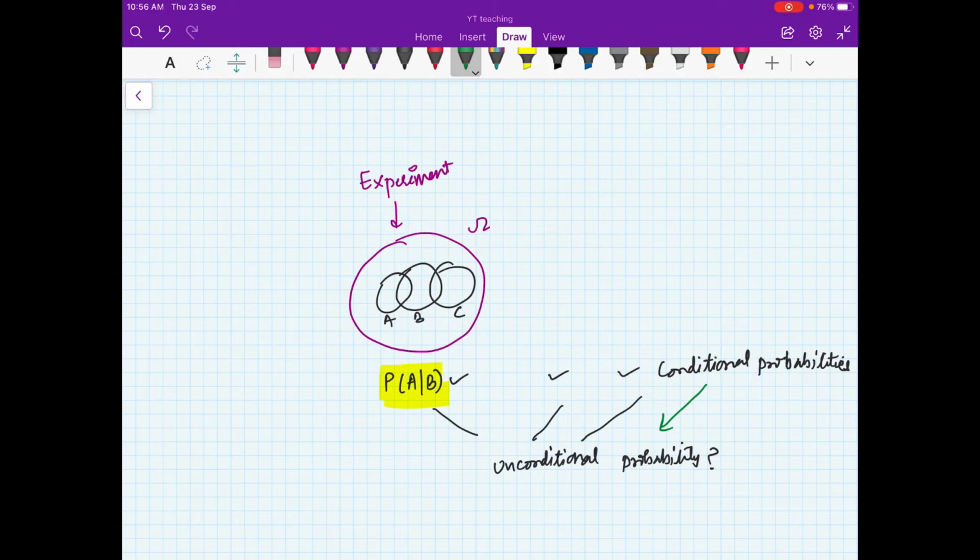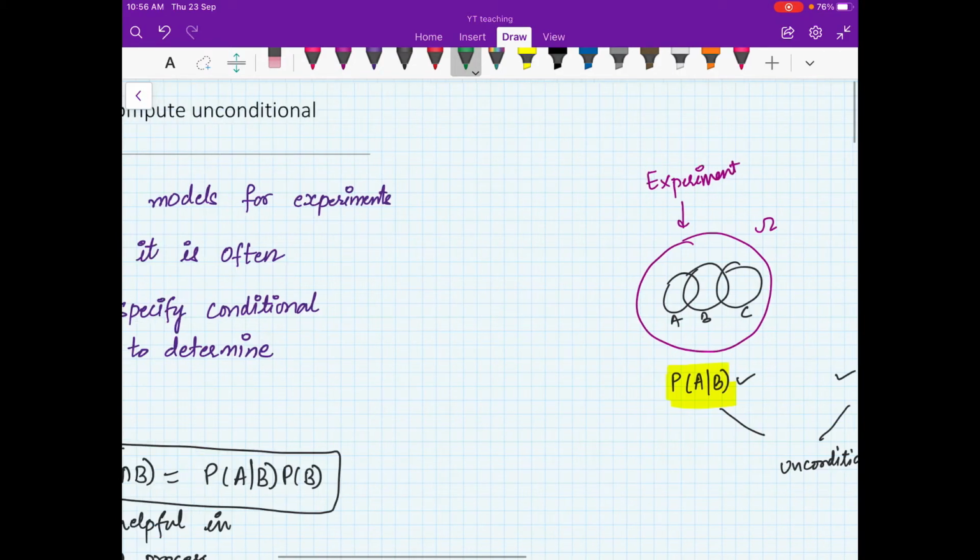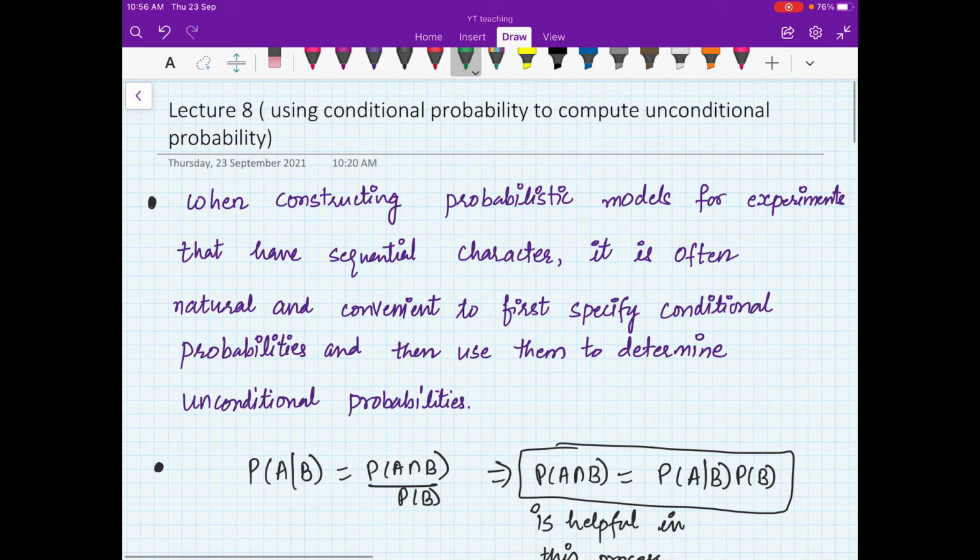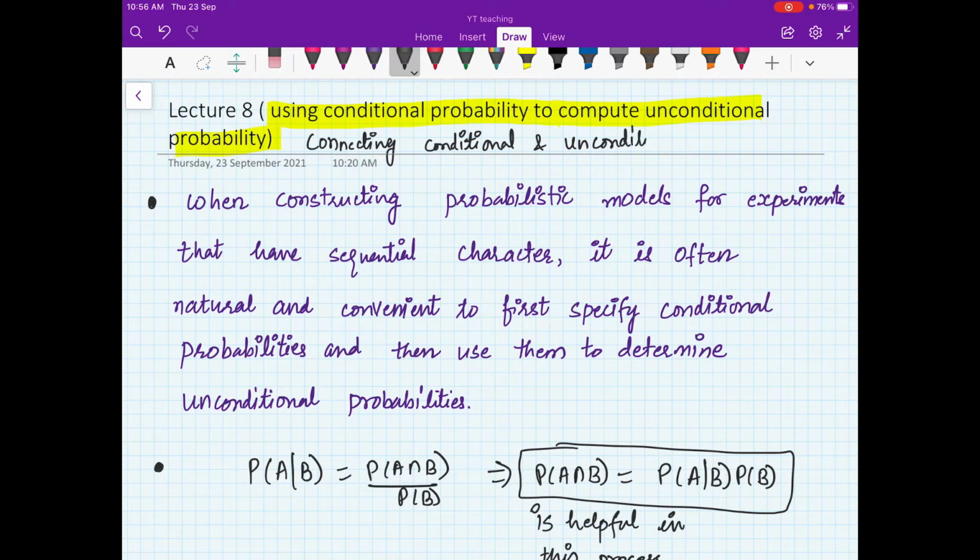So we are looking at a connection between conditional and unconditional probabilities. The title is: use of conditional probabilities to compute unconditional probabilities.